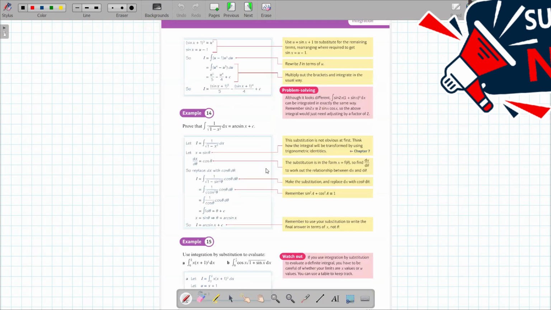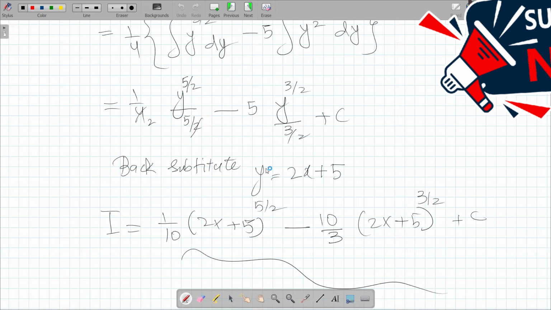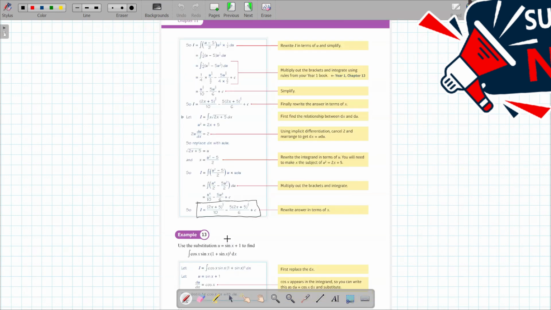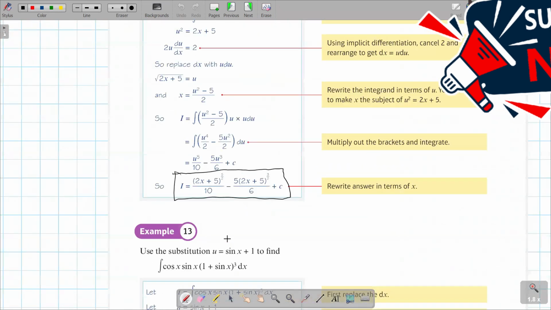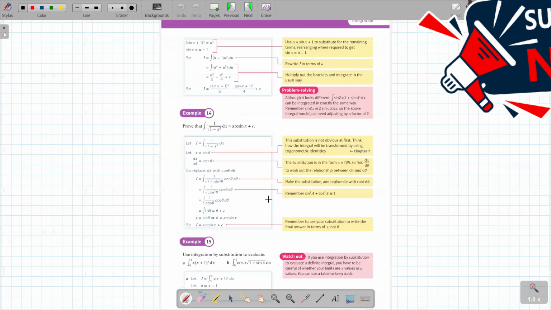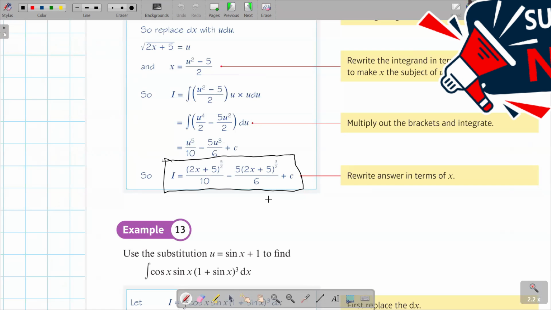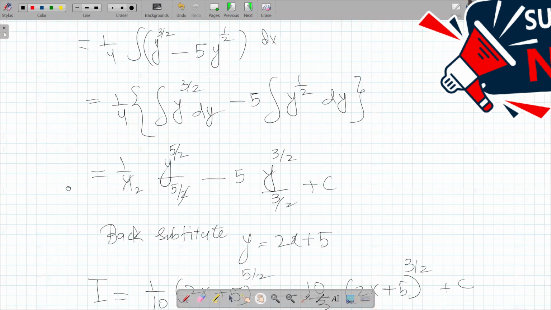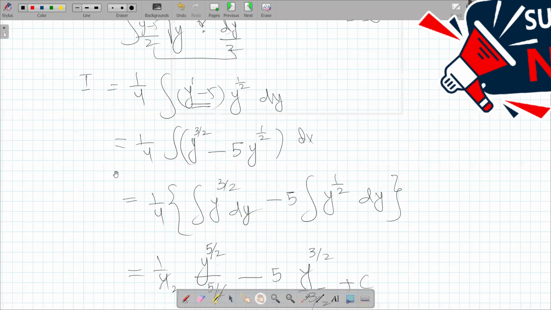Have we done any mistake? What is the power here? Let's zoom in. Power 3 over 2. This is 5 over 6. Our answer is 10 over 3. Do we have anything wrong?